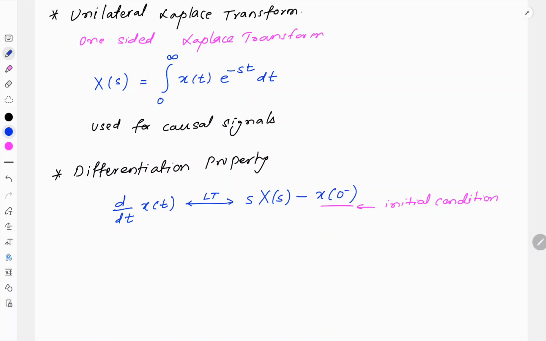Similarly, in generalized terms, if we have this differentiation property of, let's say, nth order, then the equation is represented as follows.